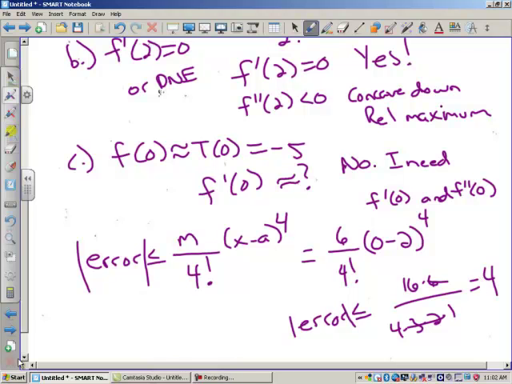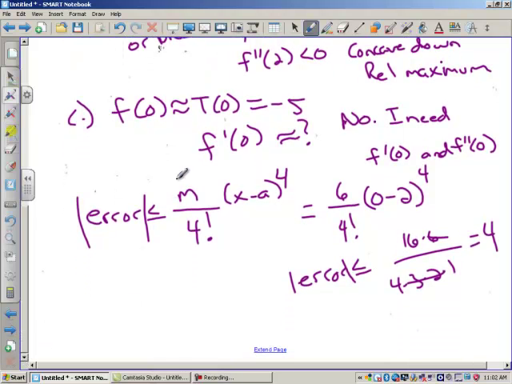Now what does this mean? I thought that f of 0 was negative 5. Since the maximum error is 4, I know that negative 5 plus 4 and negative 5 minus 4, that's the worst case scenario.